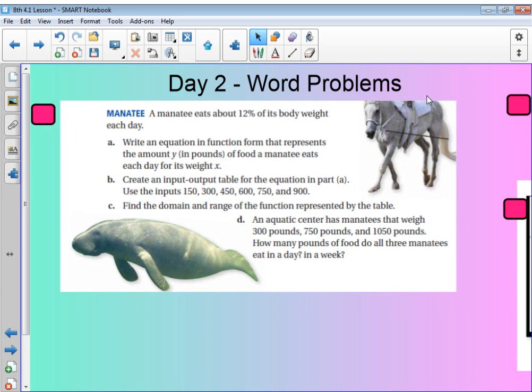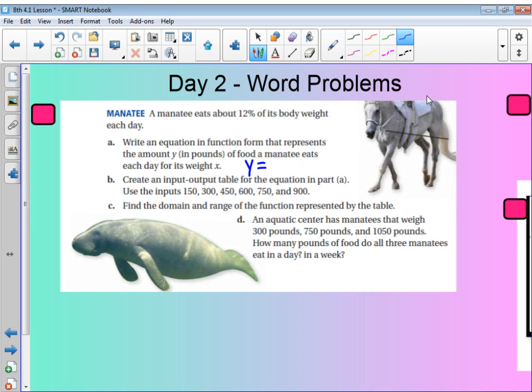Okay, so here we've got a manatee eats about 12% of its own body weight each day. Write an equation in function form that represents the amount y in pounds of food that a manatee eats each day for its weight x. So we want to figure out how many pounds of food we're going to have to feed that manatee if it weighed so many pounds.